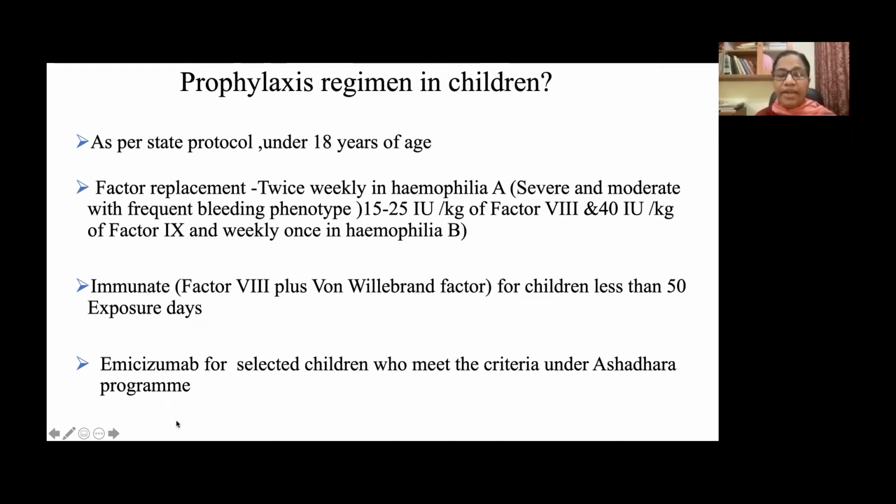That is the intermediate regimen recommended by WFH for factor 8, and 40 IU per kg of factor 9, weekly once in hemophilia B. The other one is twice weekly. And Immunate, that is factor 8 plus von Willebrand factor, for children with less than 50 exposure days, and emicizumab for a few selected children who meet the criteria under the Ashadhara program. So this is the prophylaxis regimen we follow.